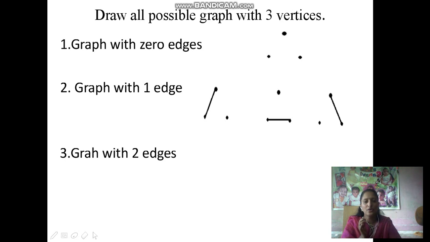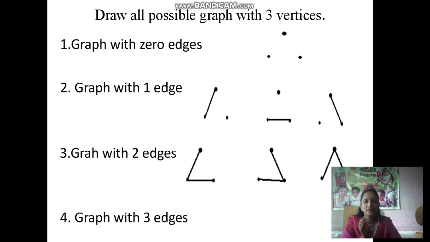Now we have to draw graphs on 3 vertices containing 2 edges. So there are also 2 graphs with 3 vertices containing 2 edges. And graph with 3 edges. Now we draw a graph which contains 3 vertices and 3 edges. So there is only one graph which contains 3 vertices and 3 edges.